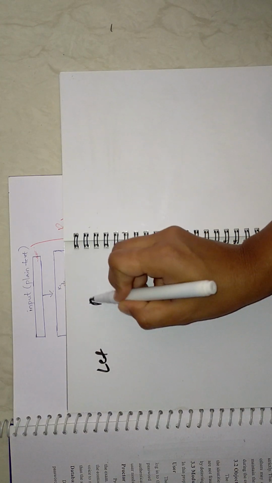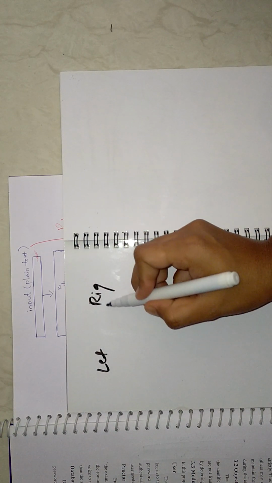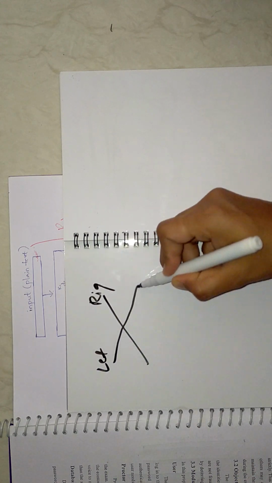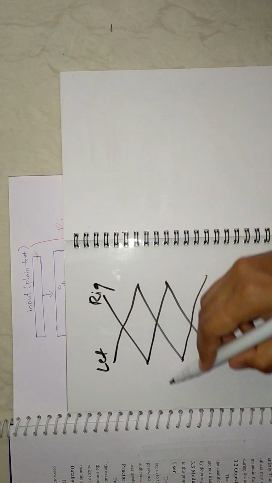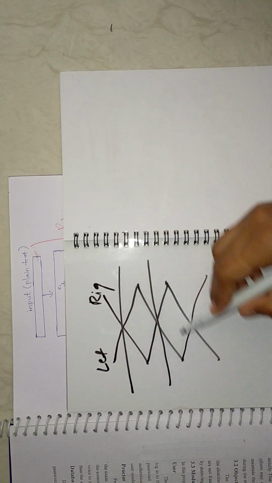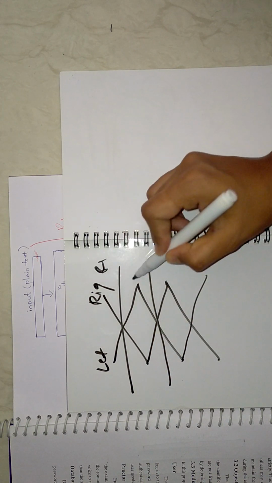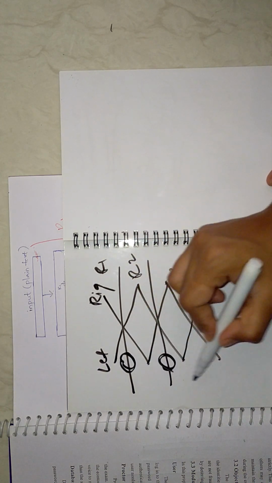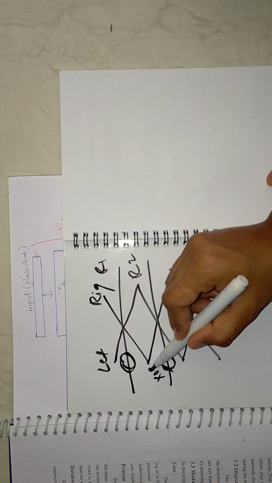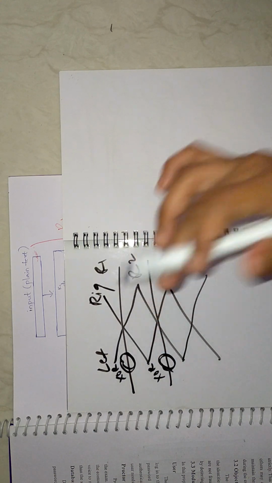In the previous way, the left part goes to the right and the right again goes from here to here. So this is round one, R1, R2, R3. Here we are exchanging the result. That is why we only use the XOR operation, sorry, not round function, on the left side.